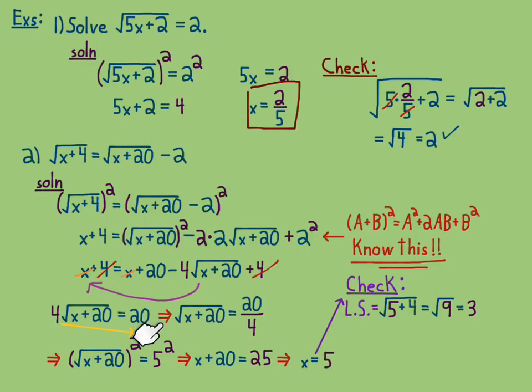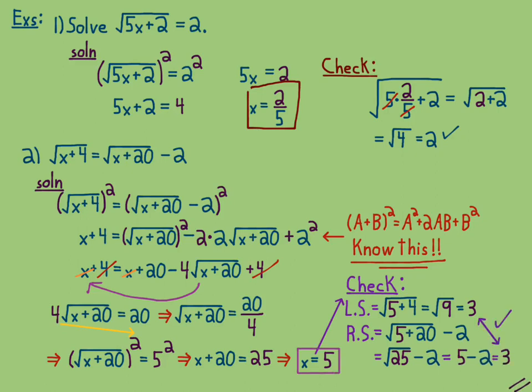Oops, sorry, 5 square root of 5, I'm putting in the 5 here. Square root of 25, which is 5, minus 3, which is 3. Oh, sorry, 5 minus 2, which is 3. So that one checks. I wrote it out here for you. I did a couple extra steps to the 5. So my answer is x equals 5.